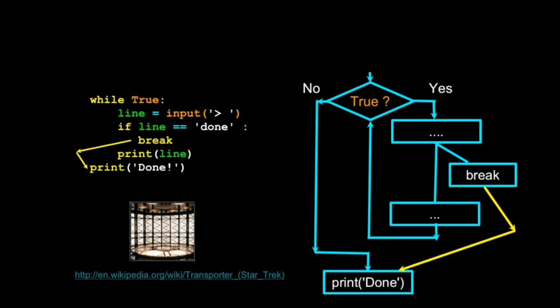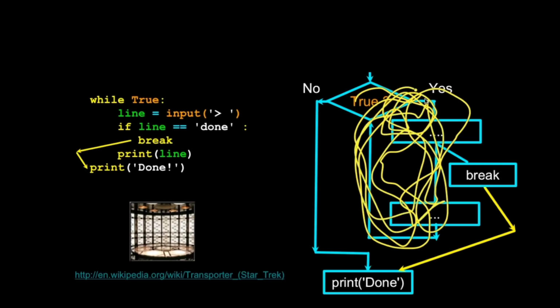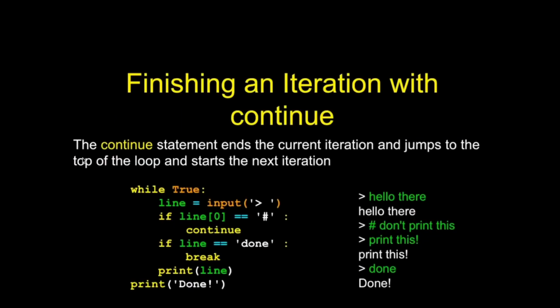This could be literally hundreds of lines with if statements, and you could be running and doing all kinds of stuff. The point is as soon as you hit a break statement, however much stuff is down here, however much stuff is up here, it exits to whatever the next line is beyond the end of the loop.